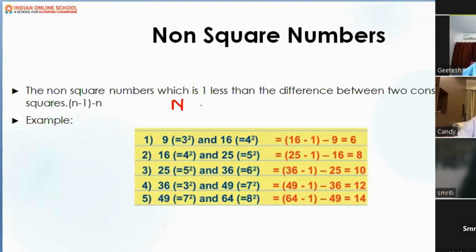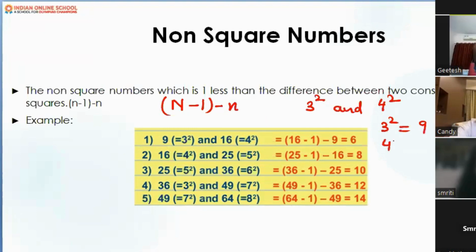The capital N denotes the bigger number minus 1, and then we need to subtract a small n, which is the smaller number. Okay, let's try this formula. We need to find how many numbers lie between the square of 3 and 4. The square of 3 is 9, the square of 4 is 16. So here the bigger number is 16, the smaller number is 9.